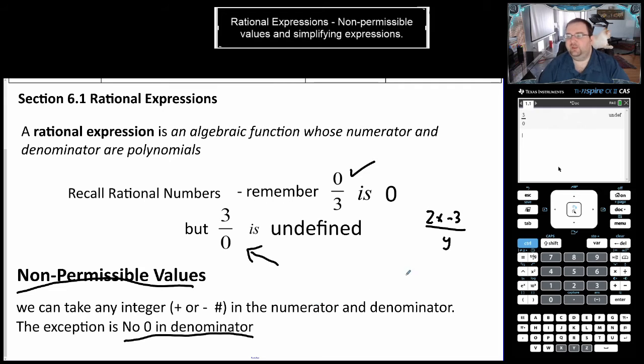So in this case, we would say the non-permissible value of this function is y cannot equal 0. X can be anything. Y can be almost anything, but y cannot be 0, because if y was 0, you'd have 2x minus 3 over 0, and this would make it undefined.